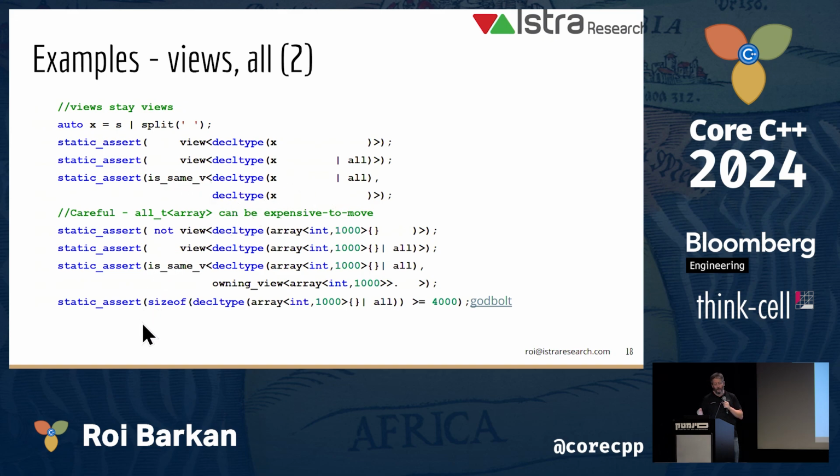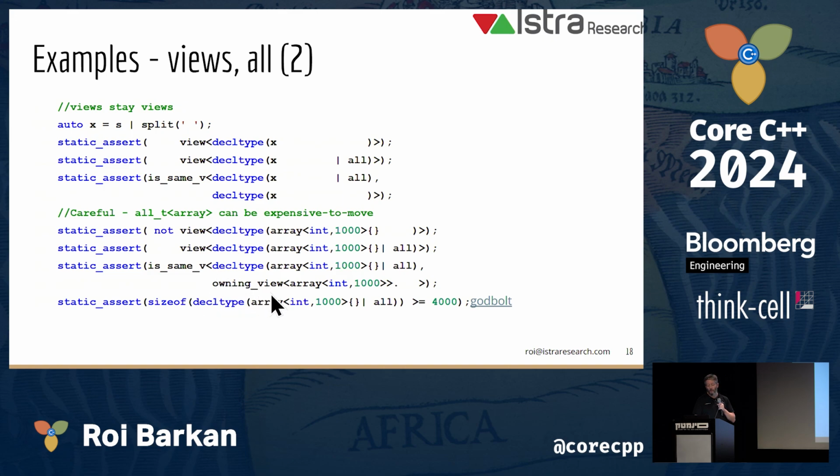And note that this is all the compiler doing its best, but it doesn't really know everything. And for that reason, for example, std::array is something that is not a view because it's expensive to copy and also expensive to move. If I pipe all into it, it's an R value, right? It's a temporary, so I can convert it to an owning view.